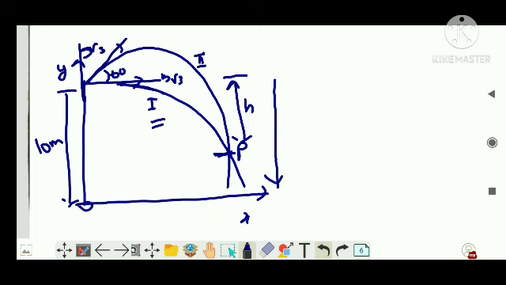We are going to take the foot of the tower as origin. For the first ball I'm supposed to take positions from the ground, so the position of P is 10 minus h. Sorry, I wrote it as P. 10 minus h.